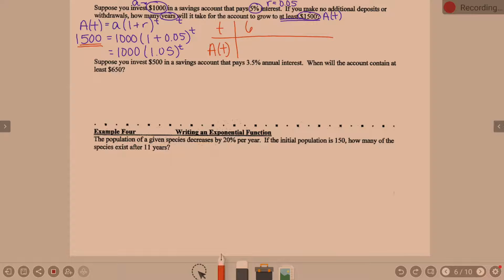At 6 years, it was $1,340.10. So, do we need to even start with any guesses below 6? No. That's my point, you don't need to start down at 1. Be smart, use what we call educated guesses, right?